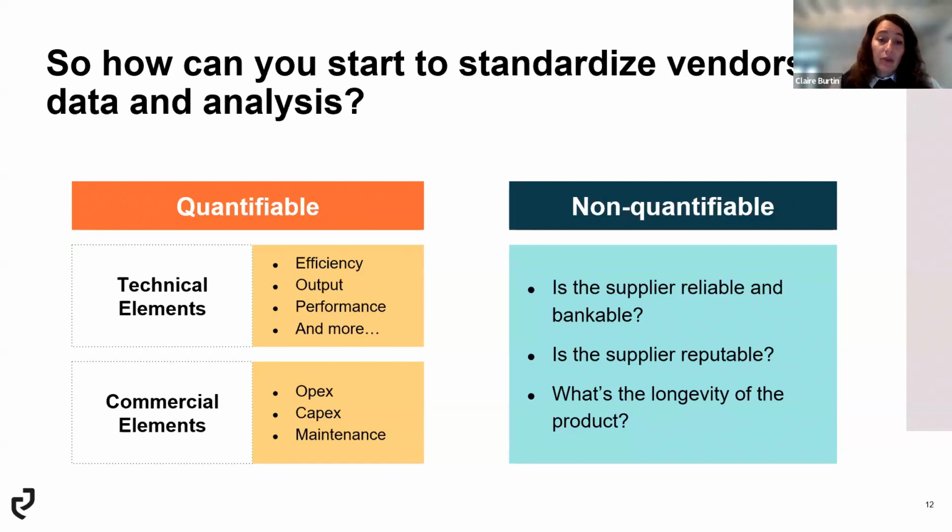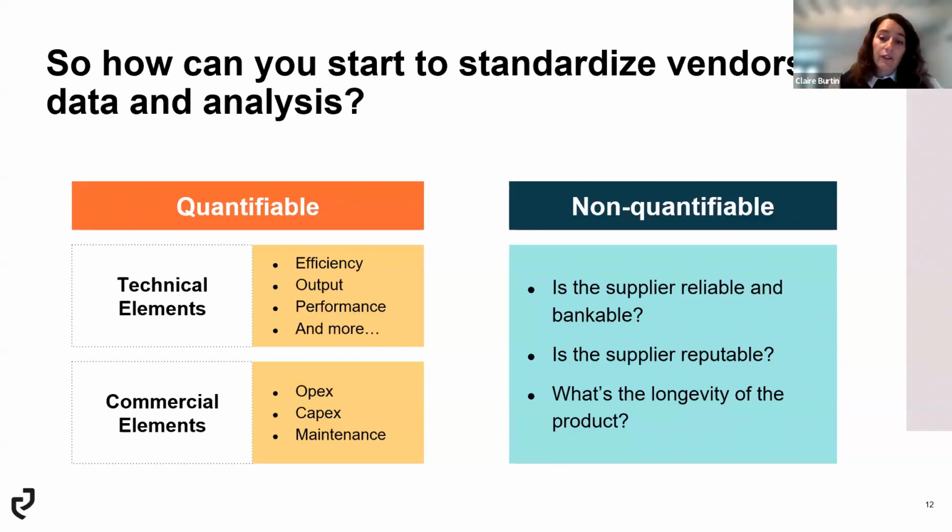Because the least you want is to sign an FID with your investor with very good numbers on paper, and then, having your project developed, realize that the efficiency is not as high as expected, and then your whole levelized cost of hydrogen and cost of hydrogen for your end customer is not going to be the same as the one you signed initially.